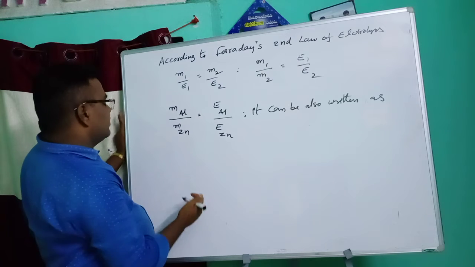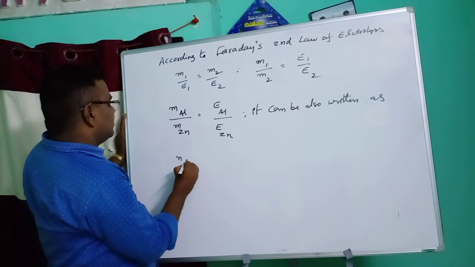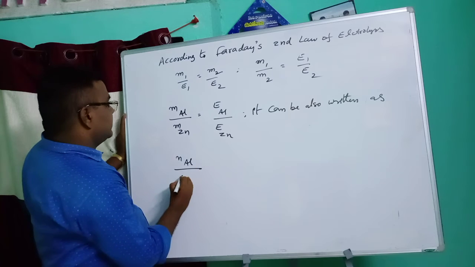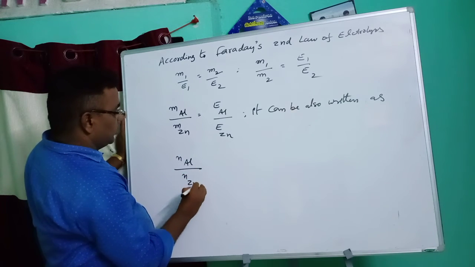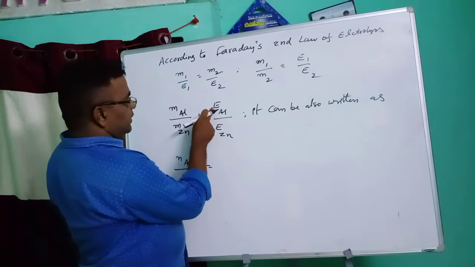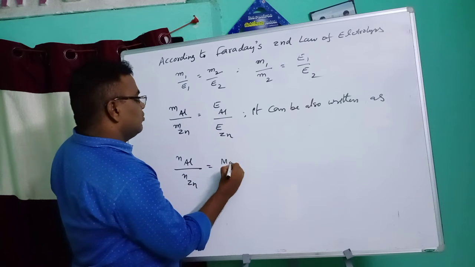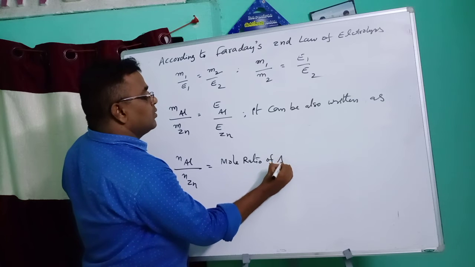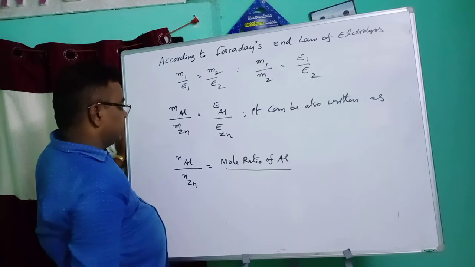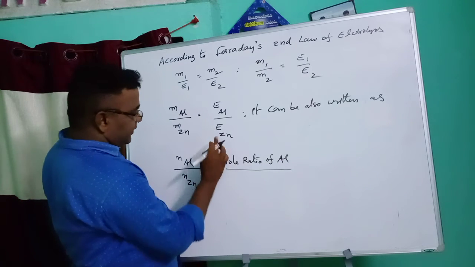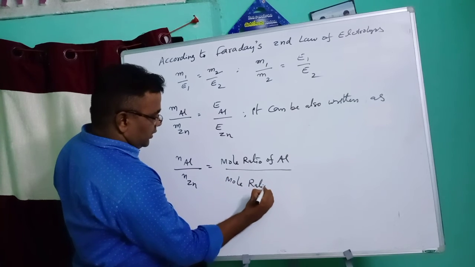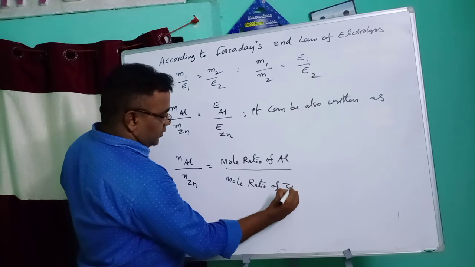So number of moles of aluminum by number of moles of zinc is equal to the mole ratio of aluminum by the mole ratio of zinc.